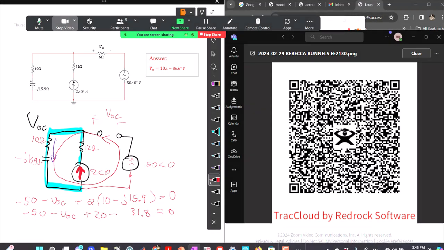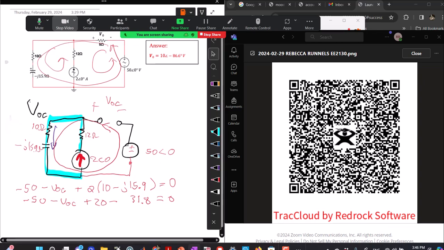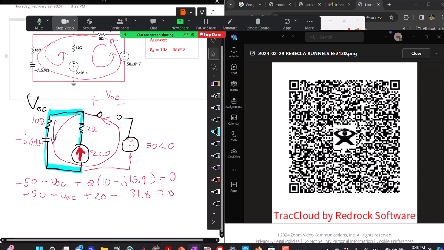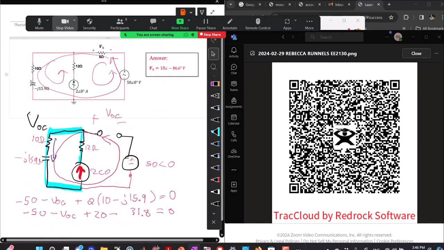I could do a KVL on this loop, this loop, or this loop. Now, it never helps you to do a KVL on every possible loop because you have redundant information. But for this one, just one loop I think will do it.